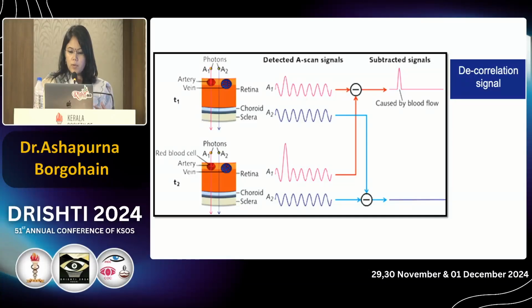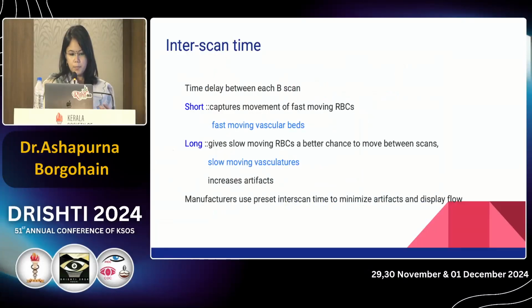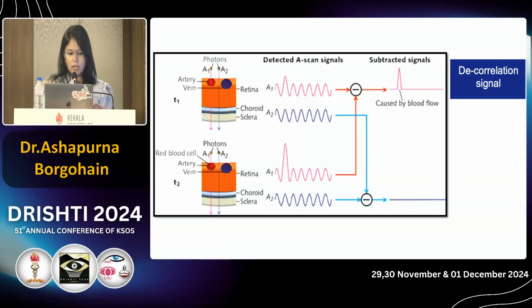So this brings us to an important concept called the decorrelation signal. This is basically the subtracted signal caused by blood flow, and it is due to the difference in signals from the moving particles as compared to the static tissue. The interscan time is the time between T1 and T2.